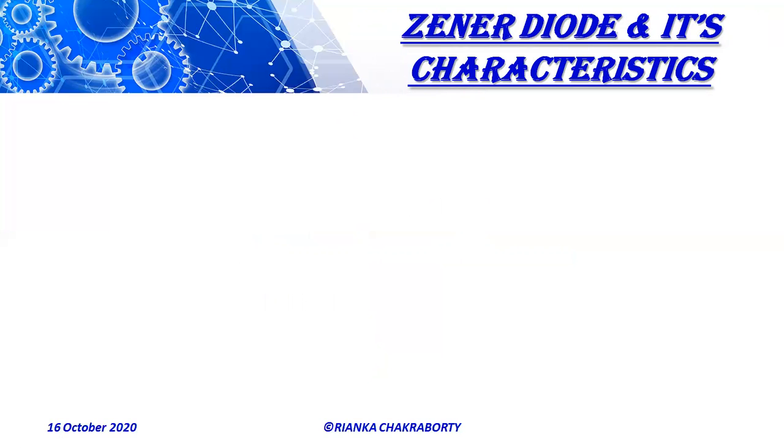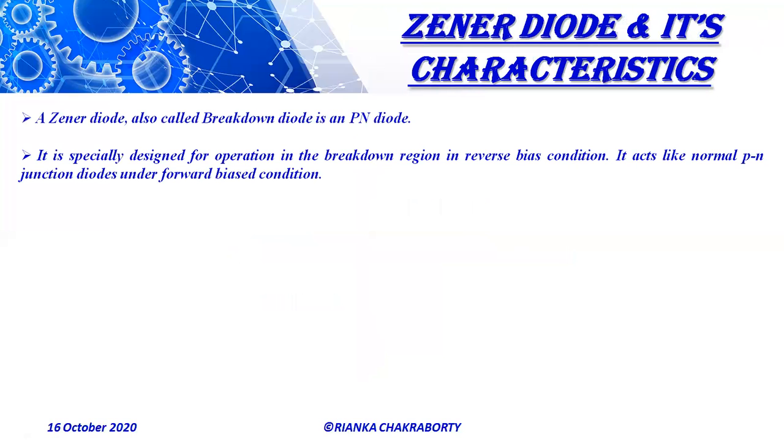So the next is the Zener diode and its characteristics. A Zener diode, also called a breakdown diode, is a PN junction diode. A normal PN junction diode allows electric current only in forward biased condition. When forward biased voltage is applied to the PN junction diode, it allows a large amount of electric current and blocks only a small amount of electric current.